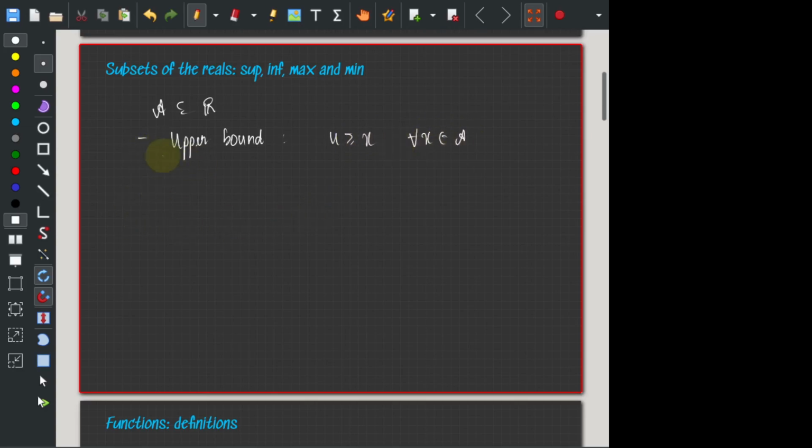Straightforward, right? But I'll also introduce the notion of a least upper bound, which is also called a supremum. So we say that U star is the supremum, also denoted sup, of A if the following holds.